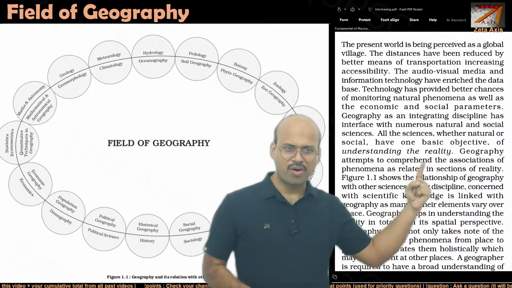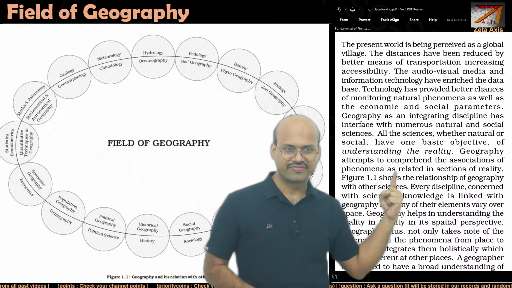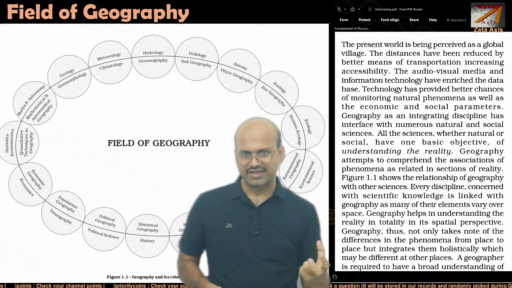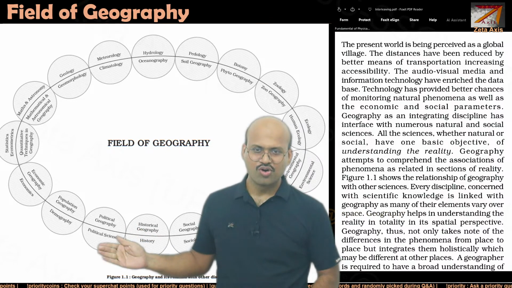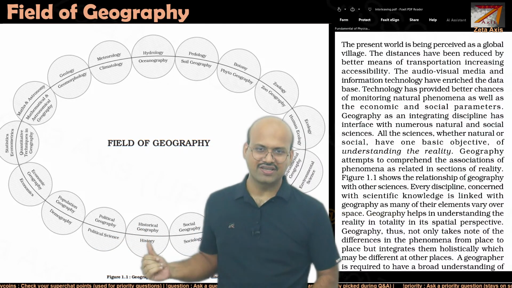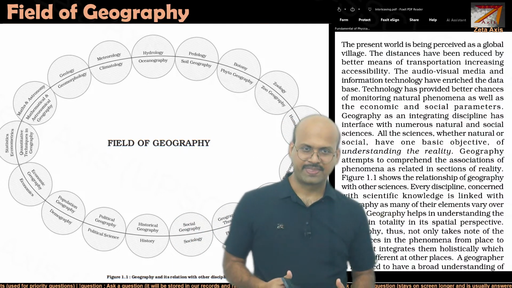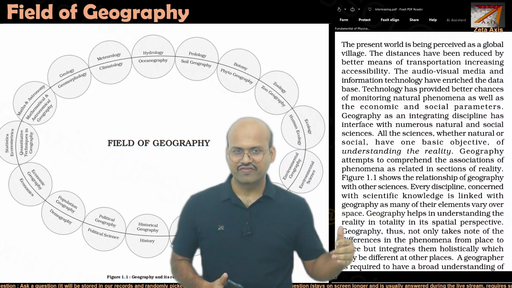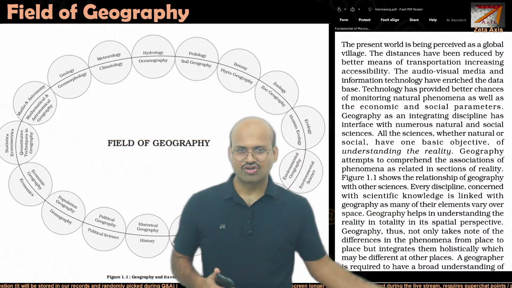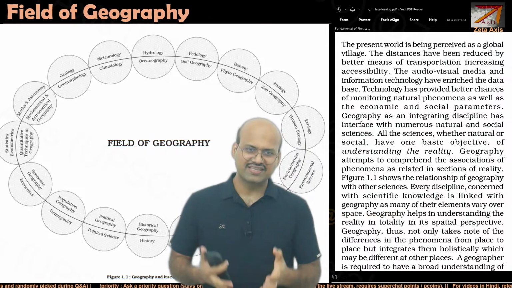Geography attempts to comprehend the association of phenomena as related in sections of reality. Because it is linked, political geography will be linked to historical geography. So the political science of a region will be linked to history. For example, the political history of India: we have been neither a part of the Soviet bloc nor a part of the US bloc. So we have been neutral, and this has a history.